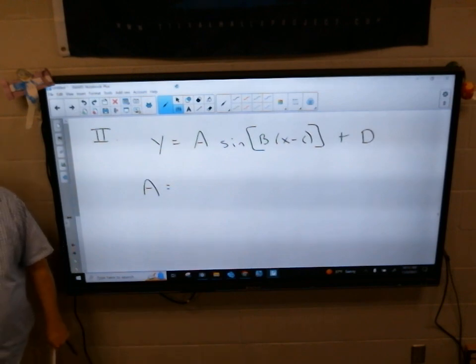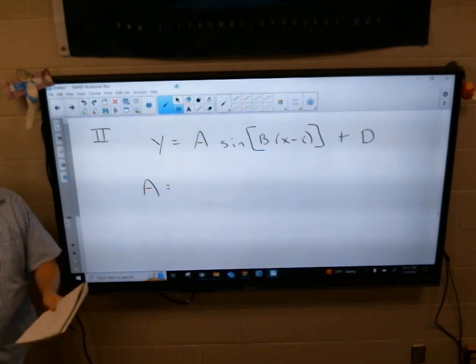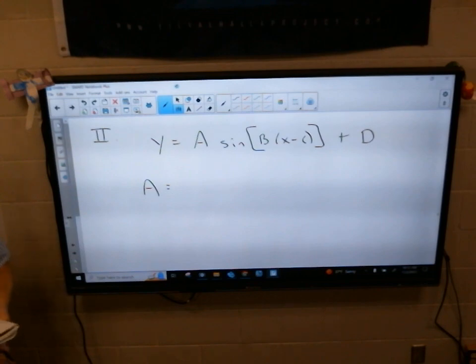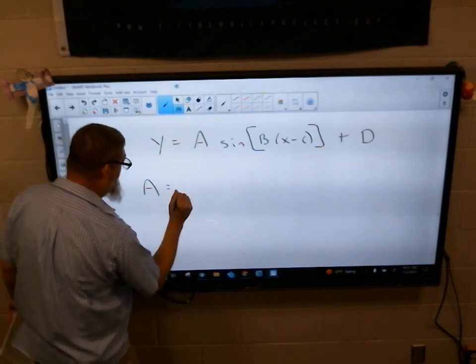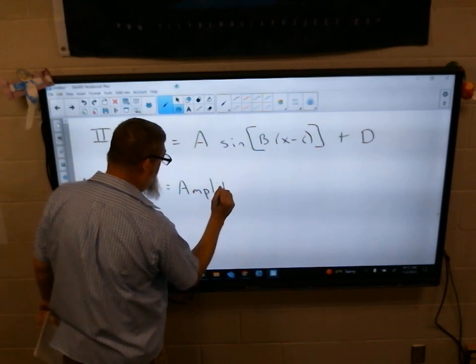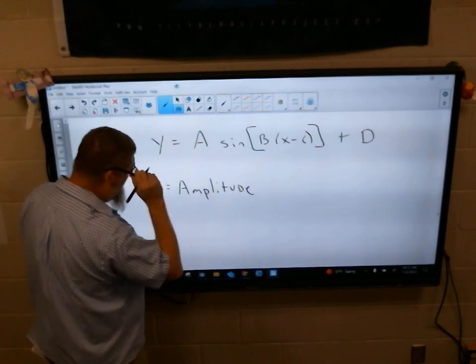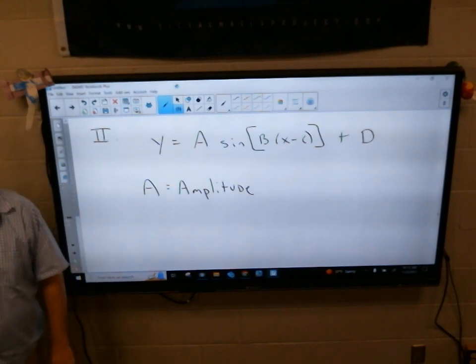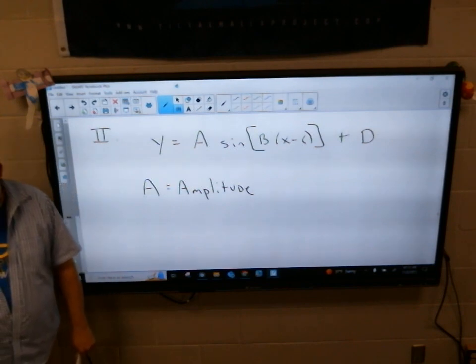Do you remember what else it told us? How wide or how narrow it got, right? This A tells us kind of the same thing. This A is actually, it stands for amplitude. The A out front is gonna tell us how high above and how high below we're gonna go.